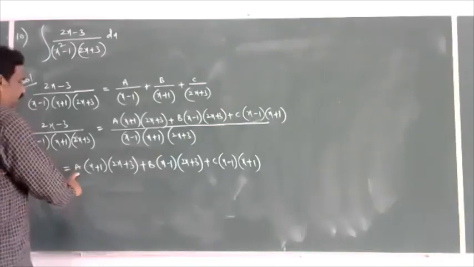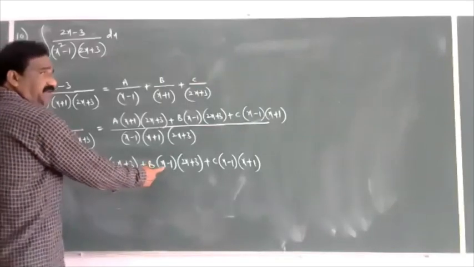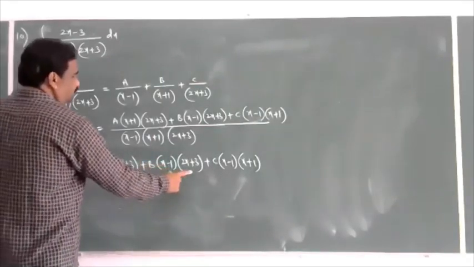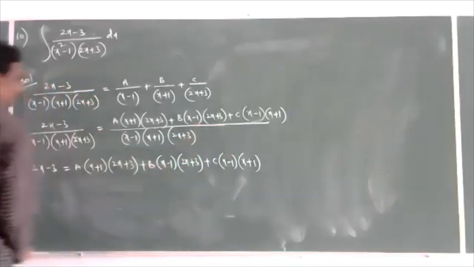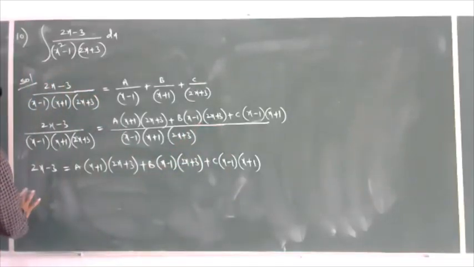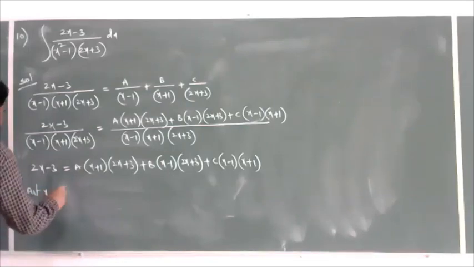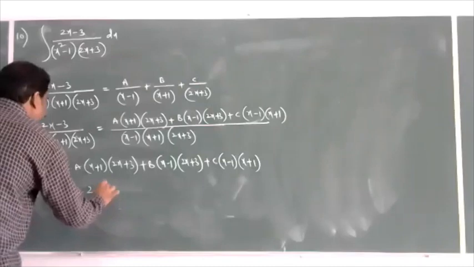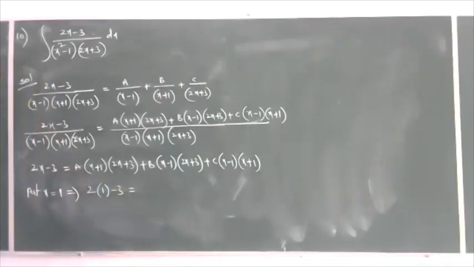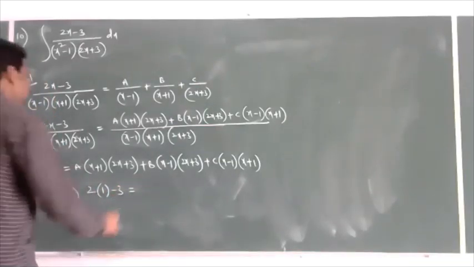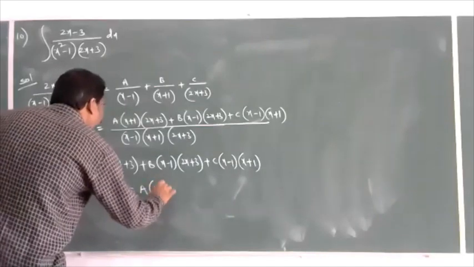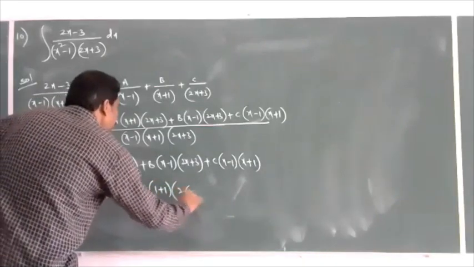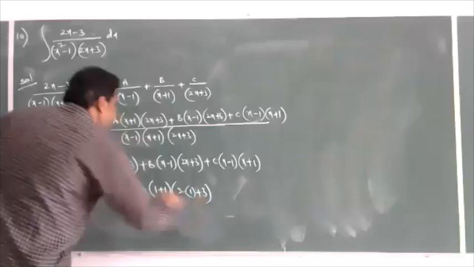You want to find out the a value, put x is equal to 1 here. With x equal to 1, this term is 0, this term is 0. Put x is equal to 1 implies 2 into 1 minus 3 is equal to a into 1 plus 1 into 2 into 1 plus 3.